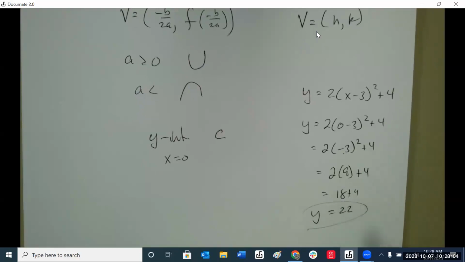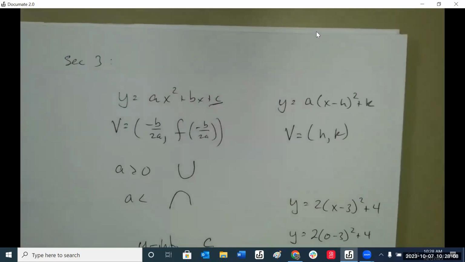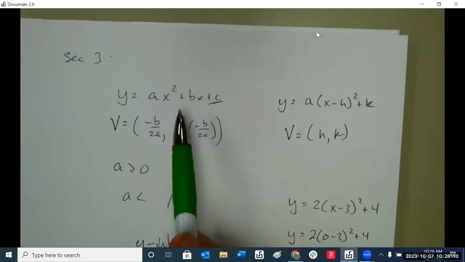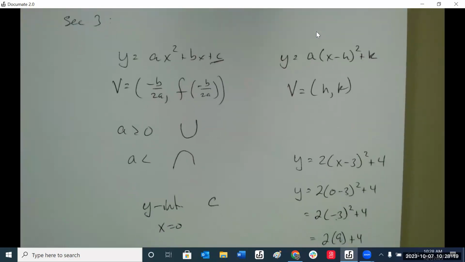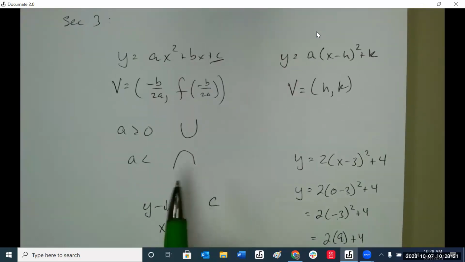So the y-intercept is at 22. So you could choose either one. And now we know how to go from here to here by using complete the square. So that's how we graph them. We find the vertex, find the x-intercepts, draw the graph, and find some more points. And that's the graphing.